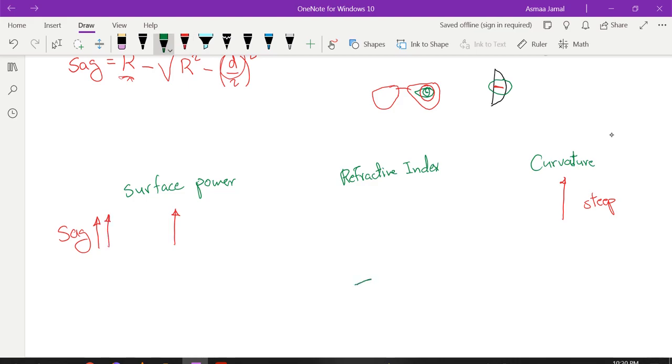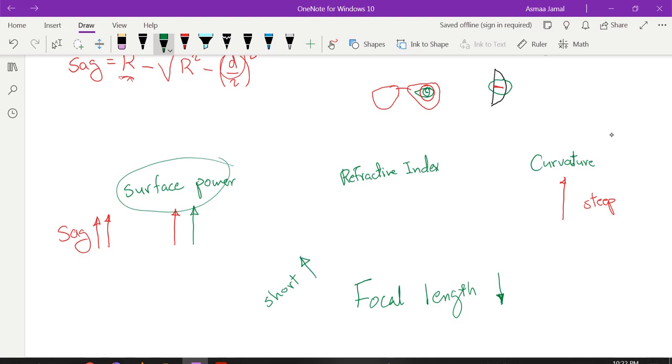And remember when we talked about the focal length, when the curvature increases, the focal length will decrease, which means immediately when this focal length becomes shorter, the surface power here also will increase. So inversely proportional. Short focal length will give us higher power.